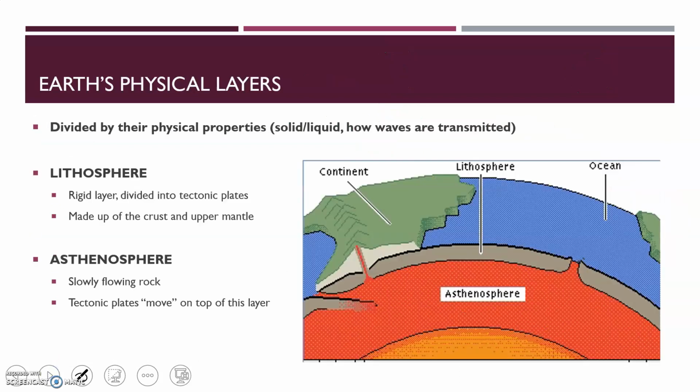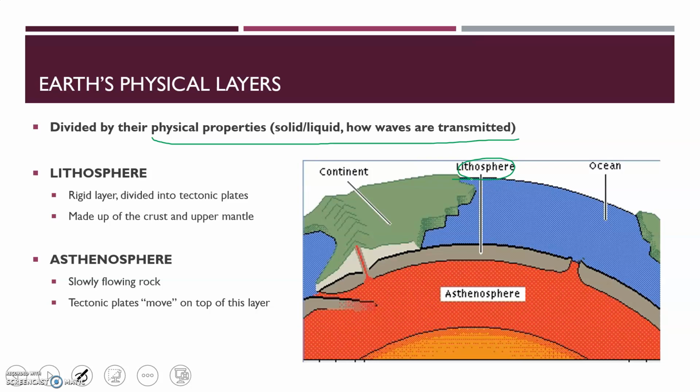All right, the physical layers of the Earth are divided into physical properties, such as solid and liquid and how waves are transmitted. And the main physical layers are going to be the lithosphere and the asthenosphere. Okay, these are the two that we're talking about on this slide. Now, if you look, you'll see the word lithosphere right here.